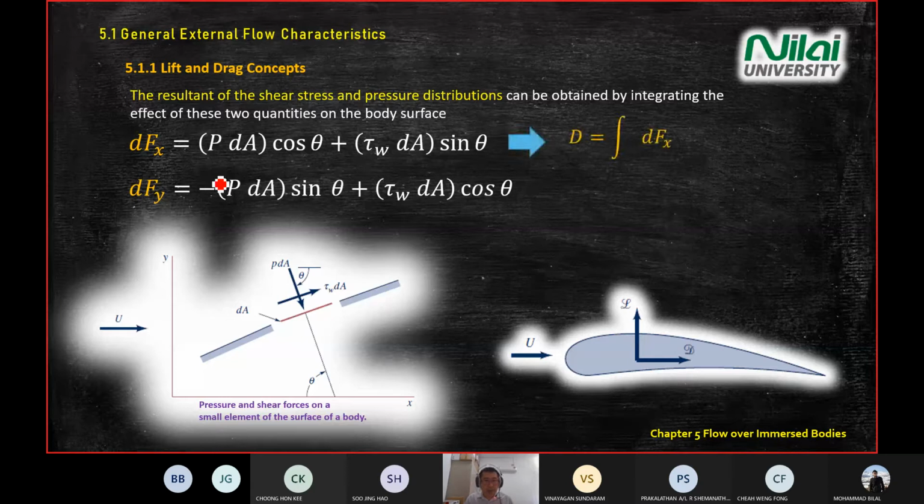All right, and from the definition for lift and drag just now, all the force that is parallel to your upstream, to your velocity, will be drag. So D represents drag, equal to the integration of all the small force along the x-axis.